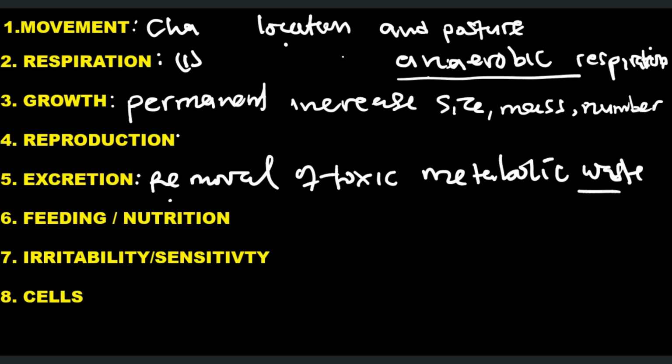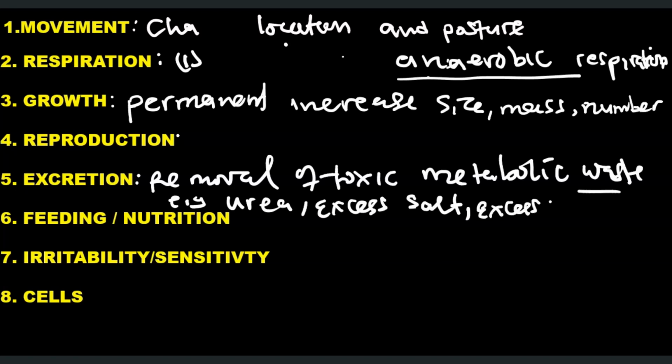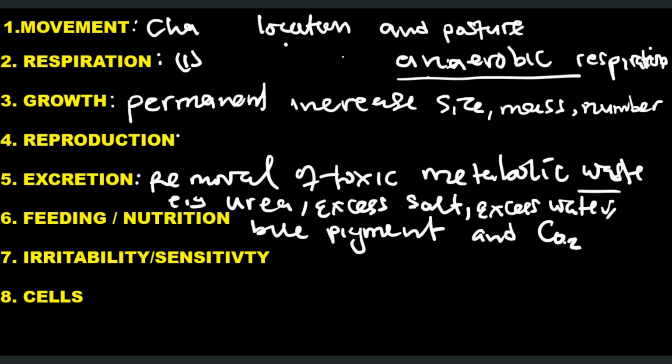What are some examples of waste that are removed? We have urea, excess salt, excess water, biopigment, and carbon dioxide. These are some of the waste products that are removed through excretion.